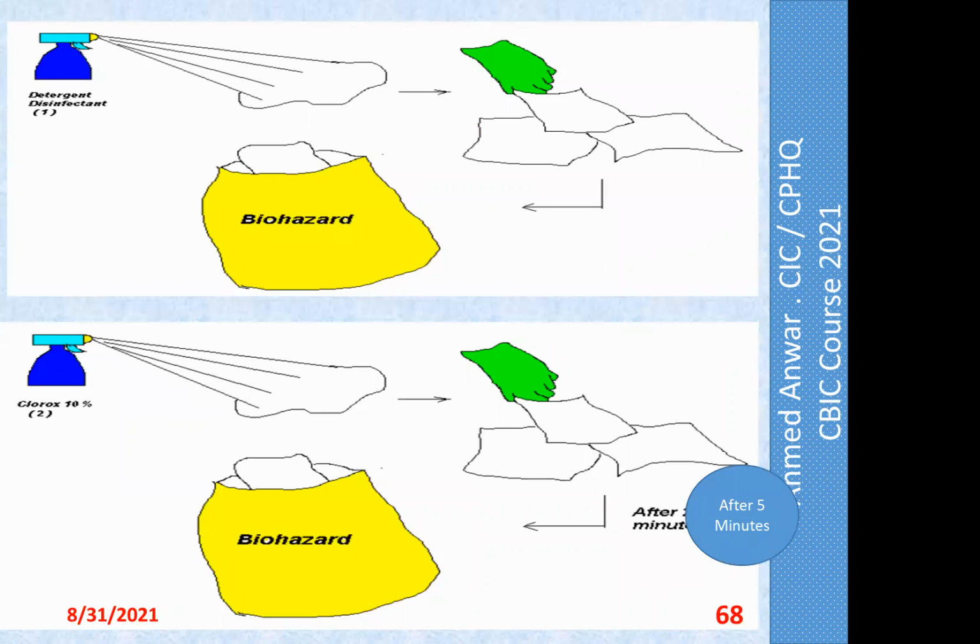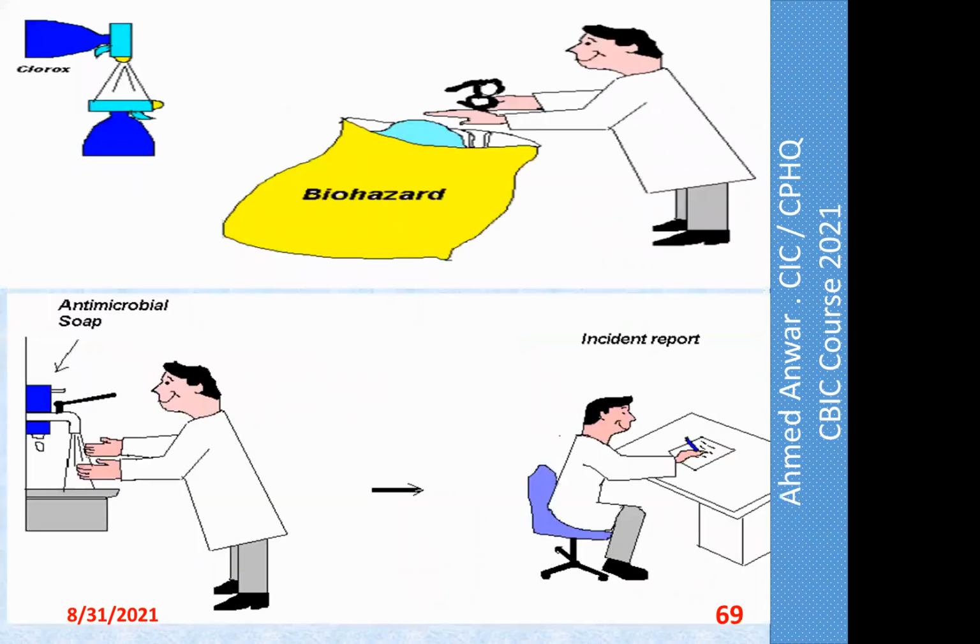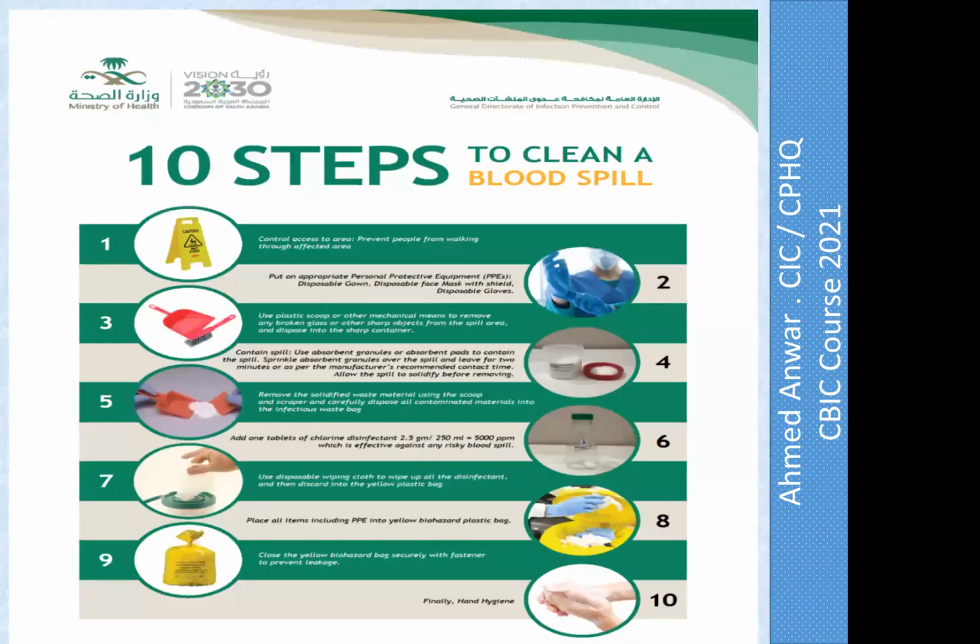Then clean the area again and discard all the tissue in the biohazard bag. And make hand hygiene finally, and make an incident report. These are the other steps for blood spill management when you have absorbent powder instead of detergent solution.